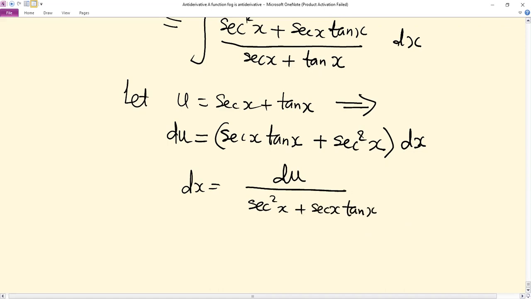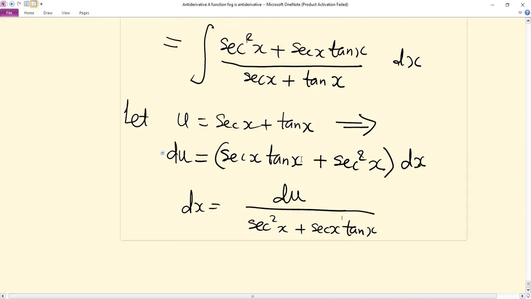At this point, we should be smiling, because we can see that what we have in the numerator after this trick is the same thing that we have in this denominator.